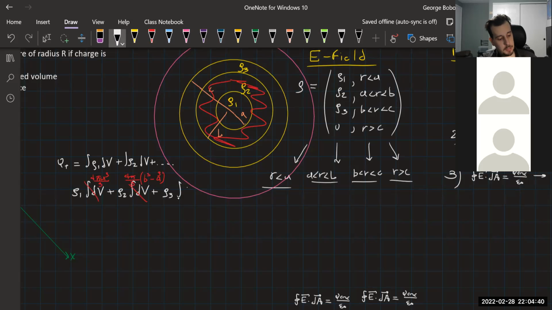The third one you'd get with its own dV, which would be this space over here, which you can try if you want. So first off, 4 pi over 3, and then would it be c cubed minus b cubed minus a cubed?